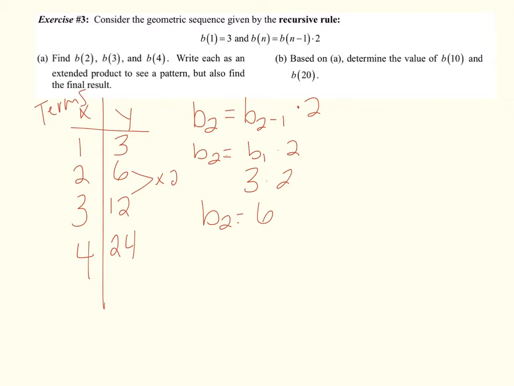Well, based on A, determine the value of B sub 10 and B sub 20. Well, we could continue that out all the way. Or we can figure out a new formula by using that information. We can say, okay, A sub n equals A sub 1 times my rate raised to the n minus 1 power.